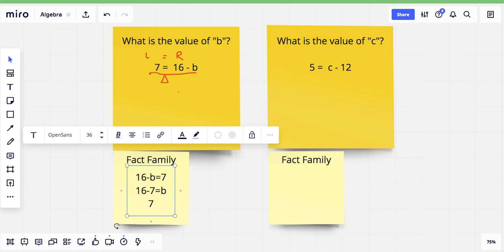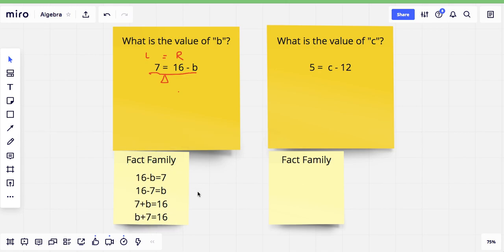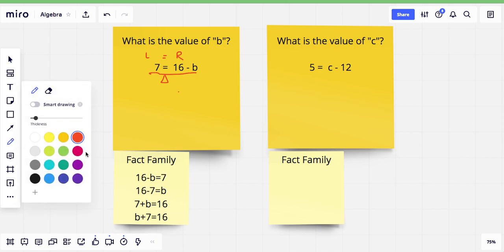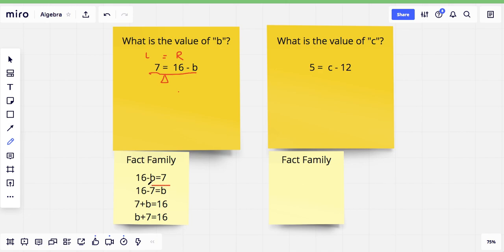So it would be 7 plus B equals 16, and it could also be B plus 7 equals 16. So that would be my addition, subtraction, fact family. So I could really look at this one here to help me solve this algebraic expression. I could do 16 minus 7 would give me the value for B, okay?